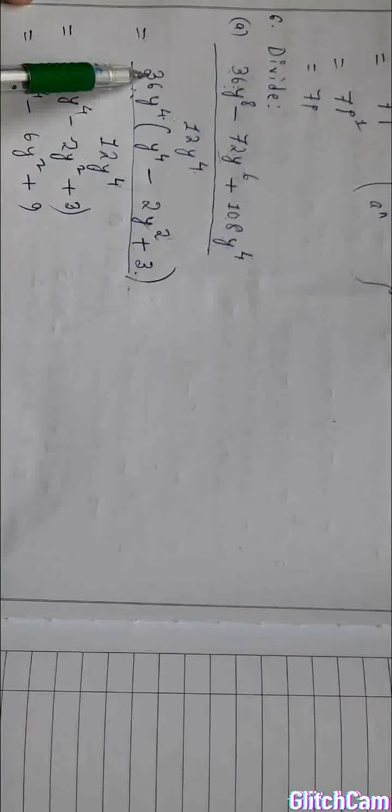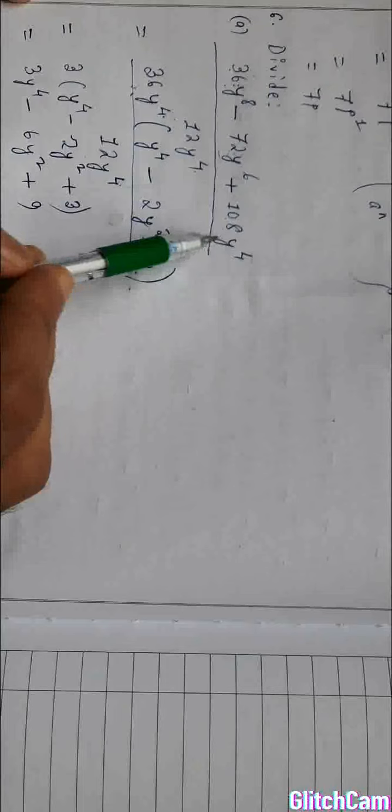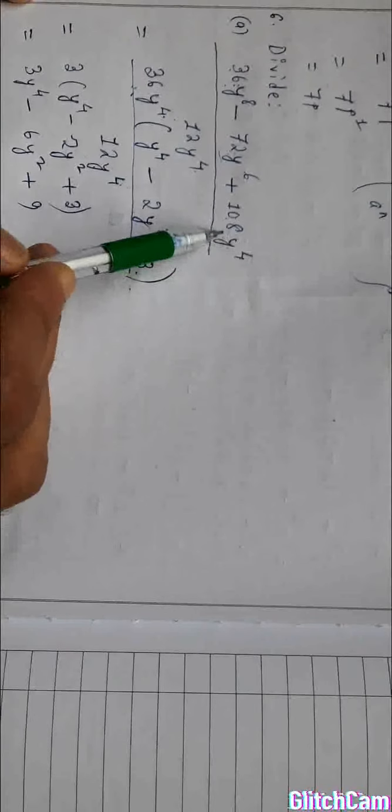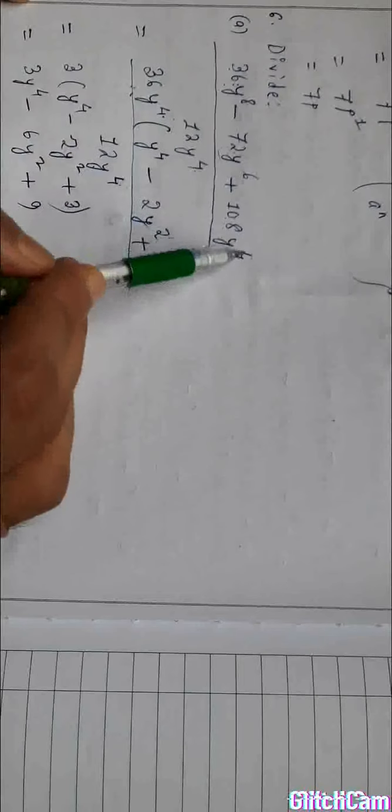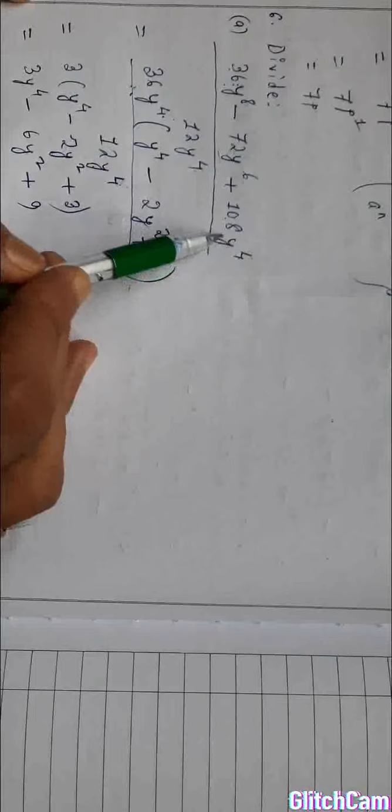So we have taken 36 common. Then in the variable part, we have y to the power 8, y to the power 6, and y to the power 4. So while taking common, you have to remember, out of all the terms, the variable with the least power we take as common.